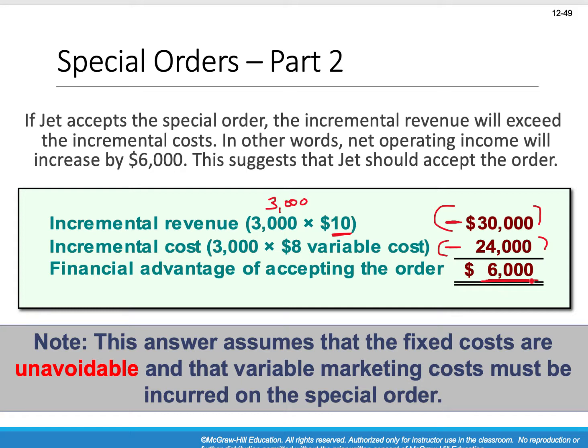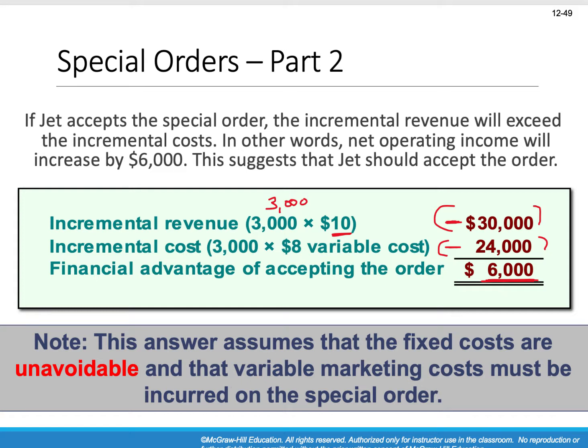Okay? So in other words, we could say that our contribution margin is increasing by $6,000 because our fixed cost remains the same. That means our net income goes up by the amount of the contribution margin. And that's just a review from CVP analysis.